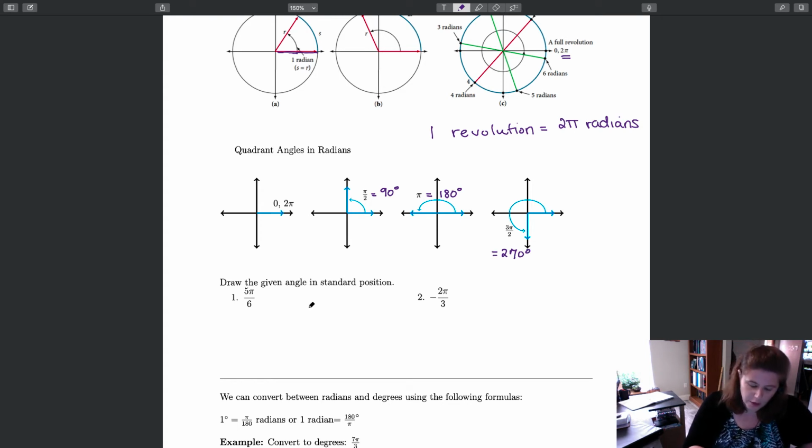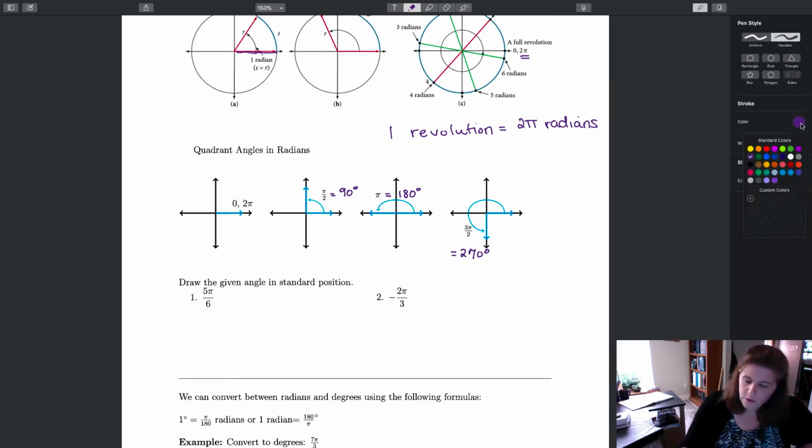So if I want to draw an angle in standard position, given radians instead of degrees, this will rely a little bit on your knowledge of fractions.